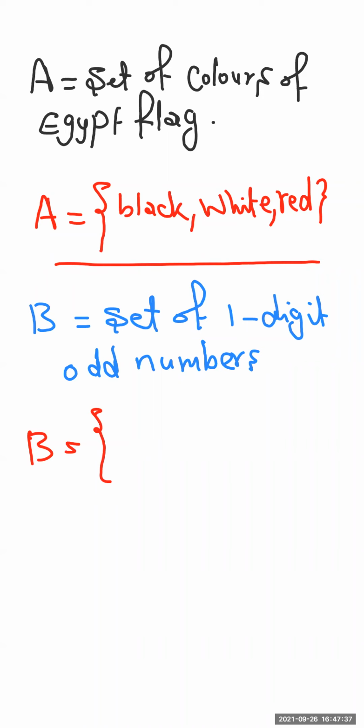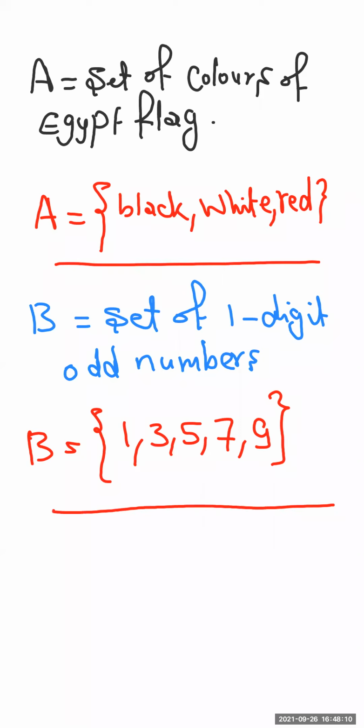The first odd number which consists of only one digit is 1, and then 3, 5, 7, 9. Of course, we could continue like 11, 13, but 11, 13 and so on are two digits. Here we want only one digit. So 1, 3, 5, 7, 9, then the braces. And as we said, between two braces and between each two elements, place a comma. That's it. Okay.